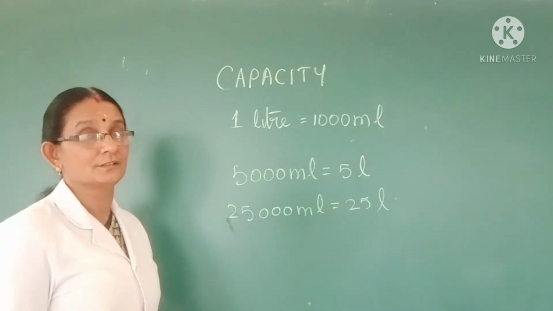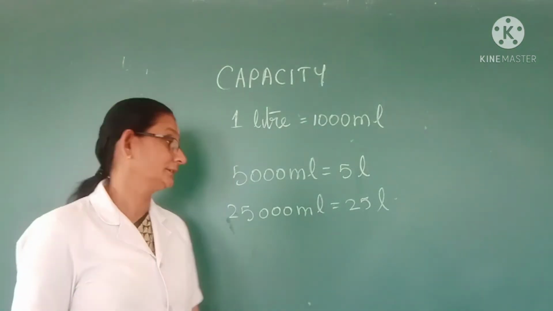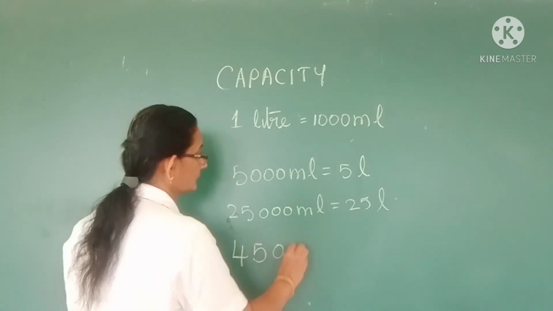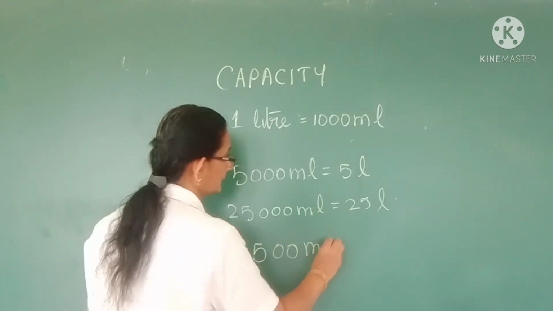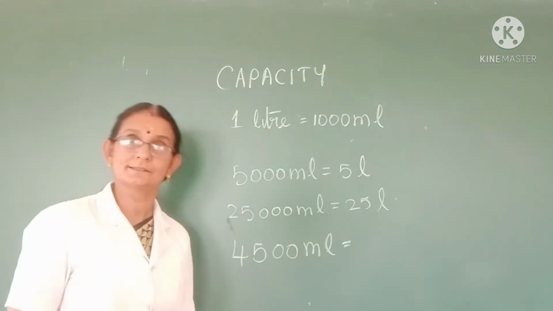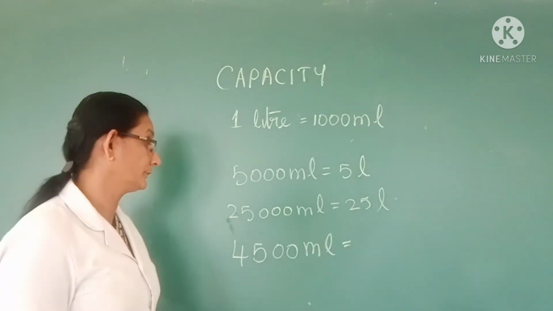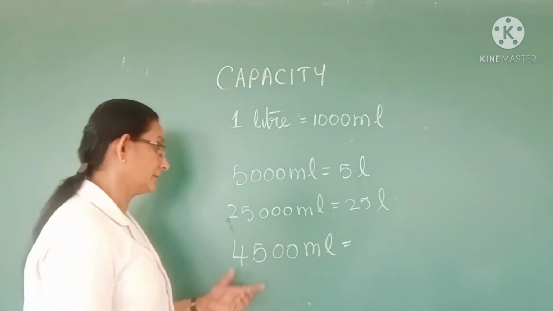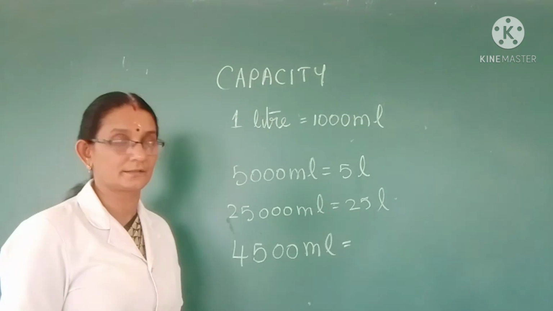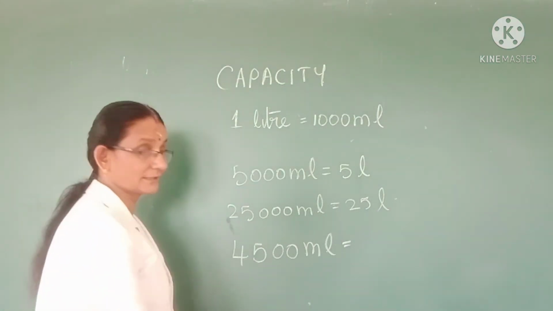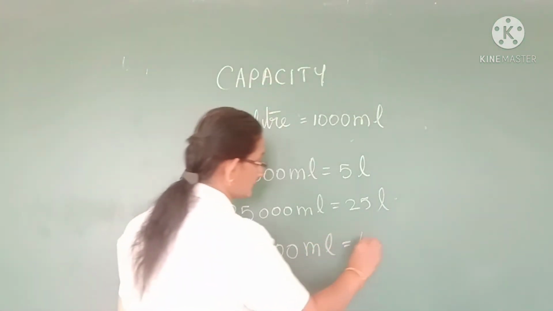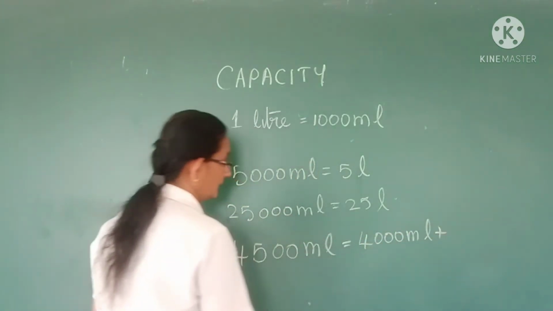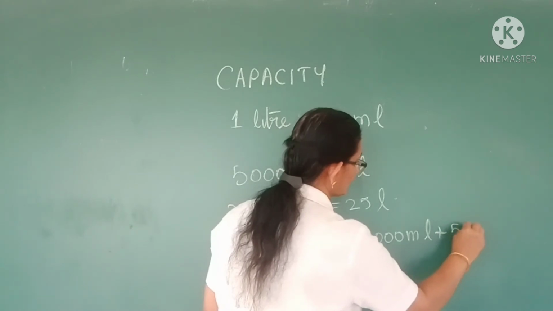Okay, so now let us convert 4500 milliliters into liters and milliliters. So for that we need to expand the number in thousands and hundreds. So how many thousands are there? Yes, 4000, isn't it? 4000 milliliters plus 500 milliliters.